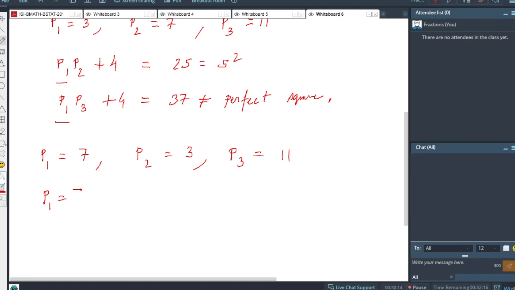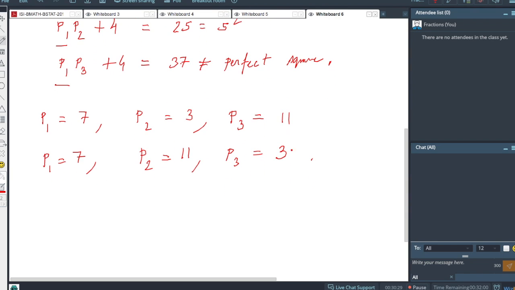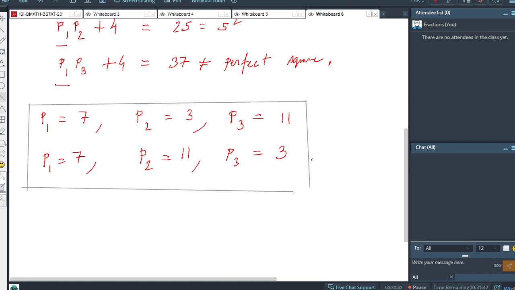So P1 stays the same, and we are interchanging P2 and P3. So P2 is 11 and P3 is 3. And this also works. 77 plus 4 is 9 squared and 25 is 5 squared. So these are the two solutions that I have already found. With P1 being 7, these are the two possible cases, and we got two solutions from there.